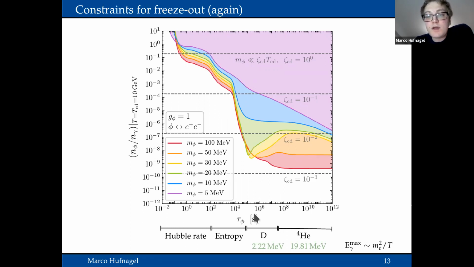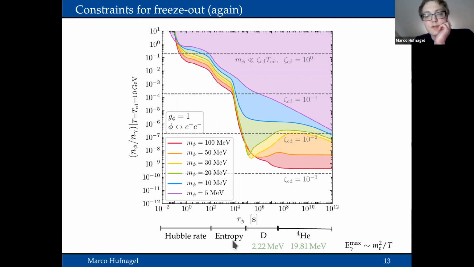And then depending on what lifetime you have, the disintegration channel might be different. So in this region, you dominantly disintegrate deuterium, while in this region here, you dominantly disintegrate helium-4. And we also have these kind of drops over here, which come from partial freeze-in, which is why it isn't really monotonic in this region.